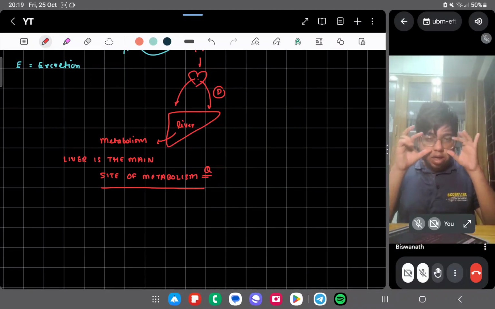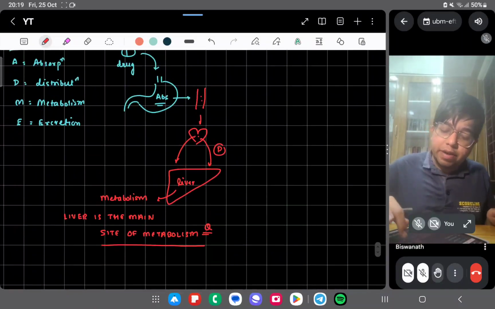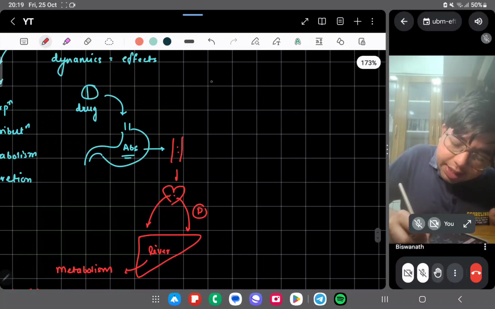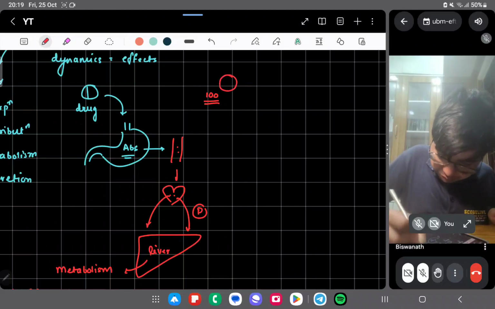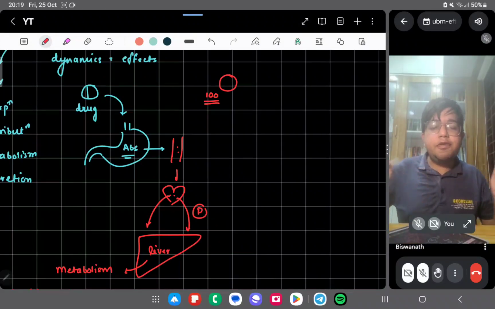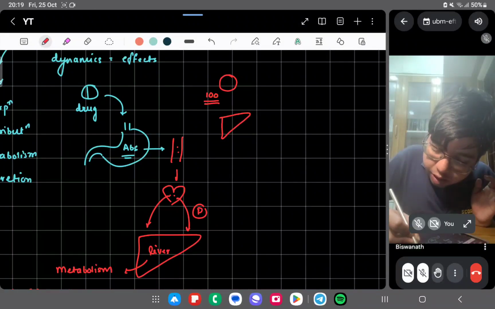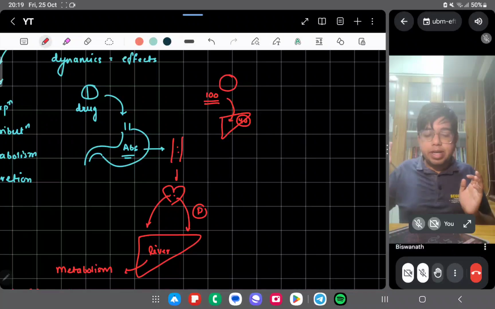I'll give you an overview here. Basically, whatever drug you ingest, let's say you ingested 100. I'm just arbitrarily taking the number 100. So the liver consumes, let's say, 40% of it.